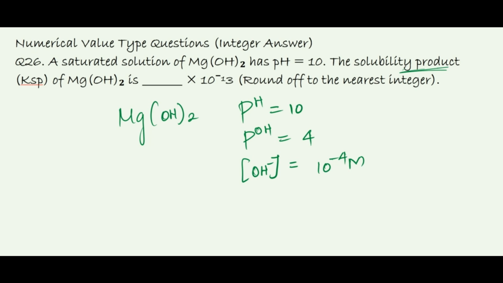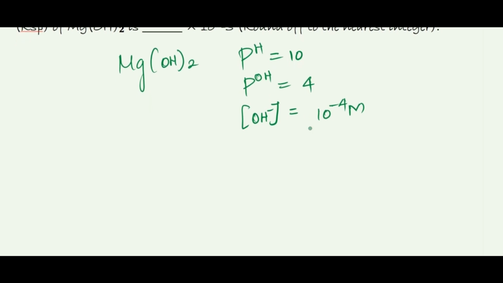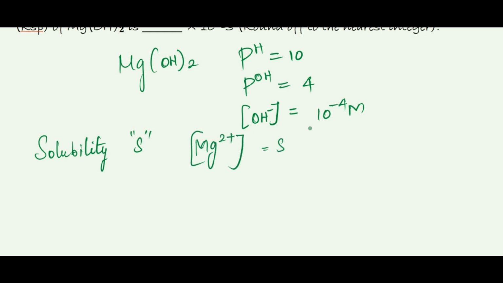Okay. So in a usual solubility product problem, what will I take? Solubility as S, right? So let's take the magnesium ion solubility as S, and the OH minus ion as 2S because there are two OH minus ions.